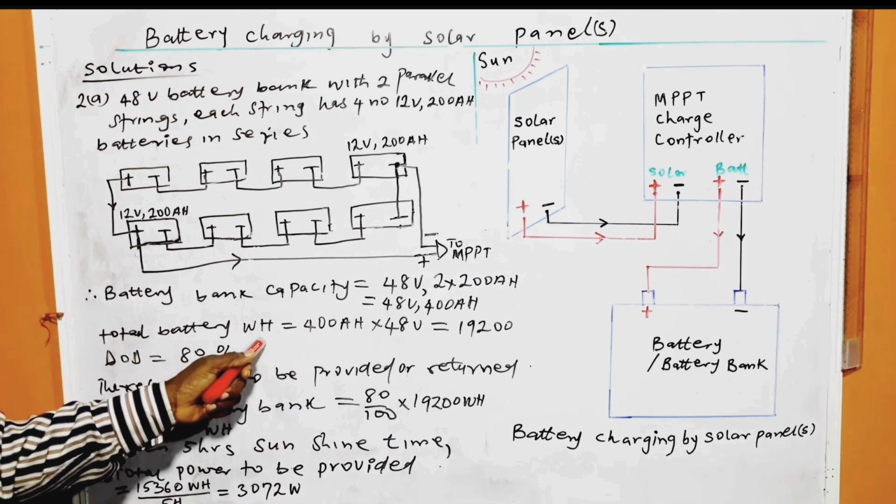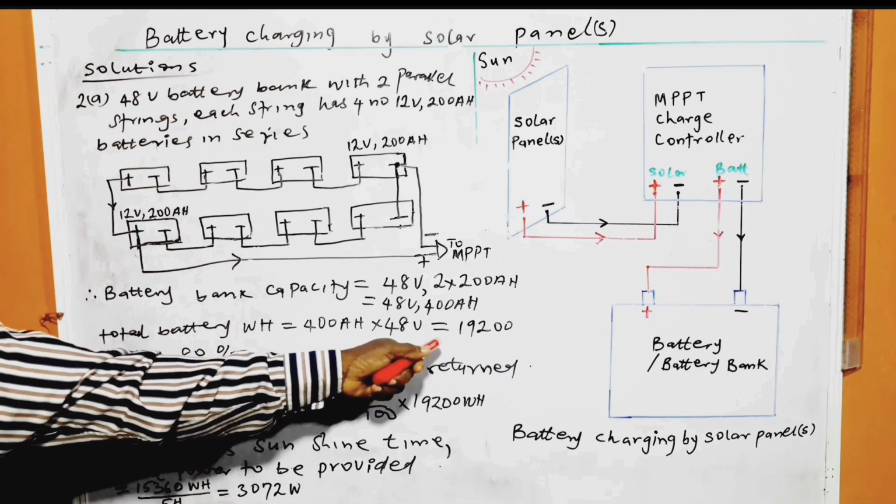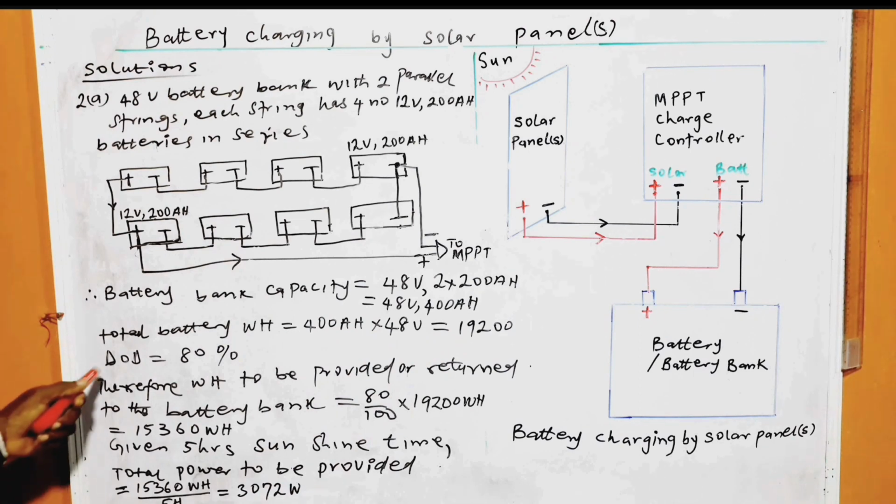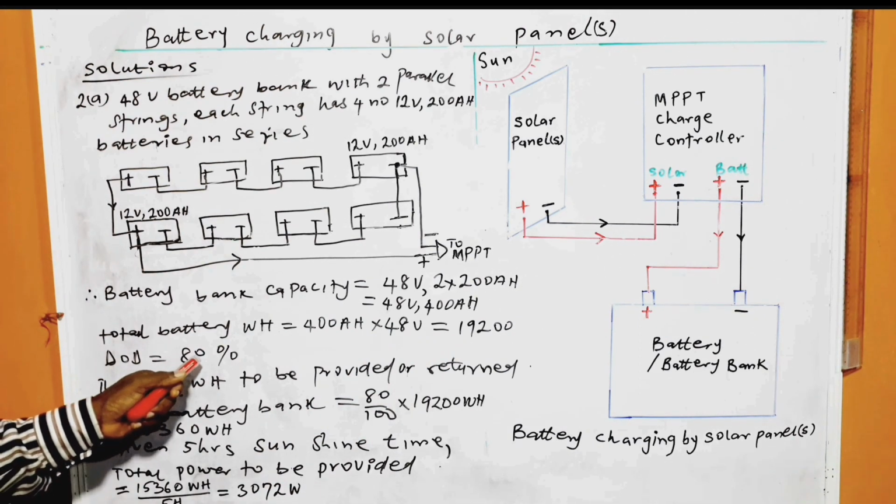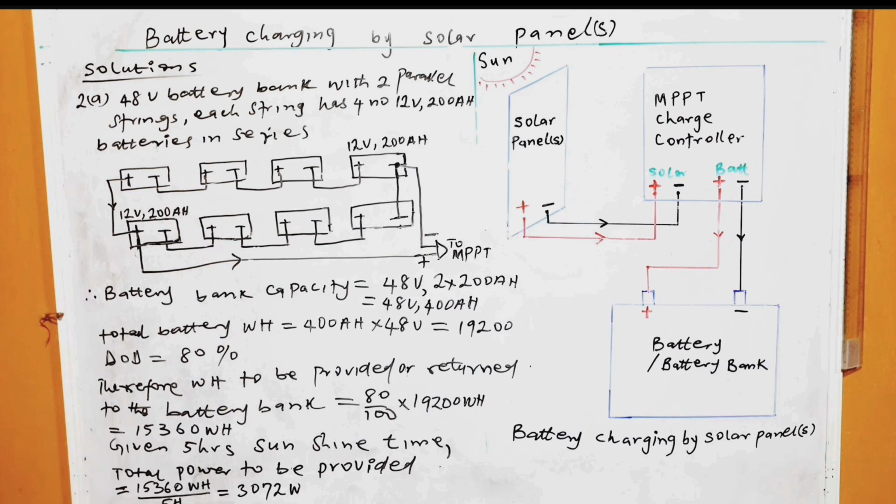So the total battery watt hour is equal to this. DOD, that is depth of discharge, is 80%. The battery bank has been discharged by 80%, remaining 20%.